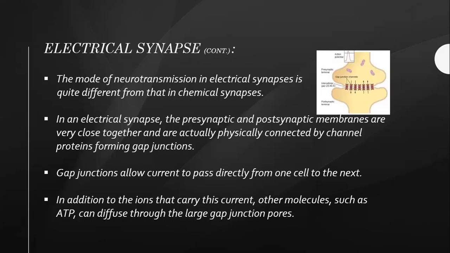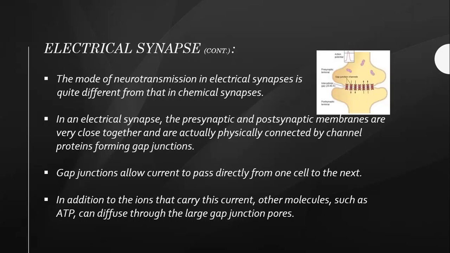In an electrical synapse, the presynaptic and postsynaptic membrane are very close together and are actually physically connected by channel proteins forming gap junctions. These gap junctions allow the current to pass directly from one cell to the next.